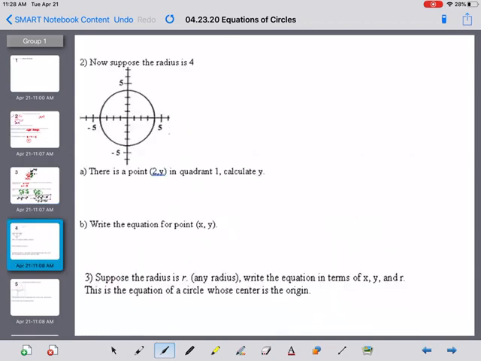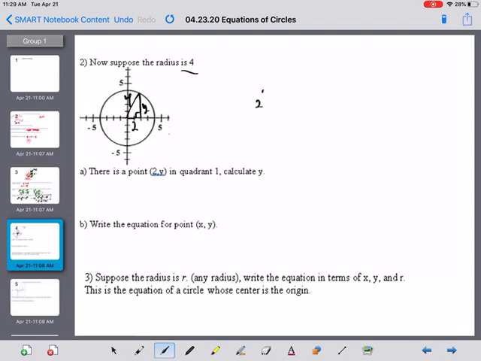Now suppose the radius is 4. There is a point (2, y) in quadrant 1. So 2 is the x, y we don't know, and the radius is 4.